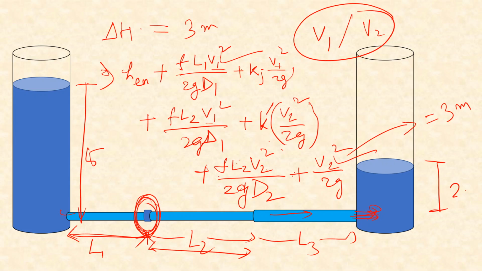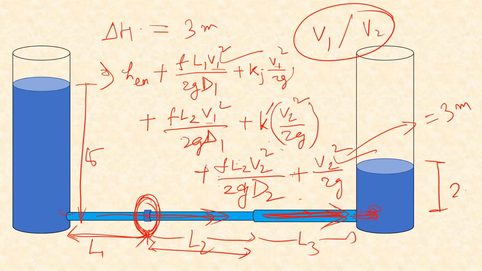So we need to make them one variable, and the very simple trick for that is, instead of writing v, we can write them in terms of discharge, because the discharge through this pipe is equal to the discharge through this pipe. That means whatever amount of water is flowing through this pipe, the same amount is also flowing through this pipe, because they are just connected in series.